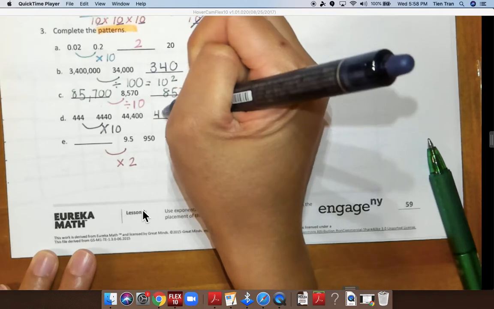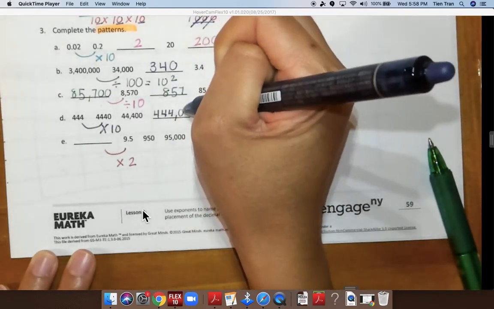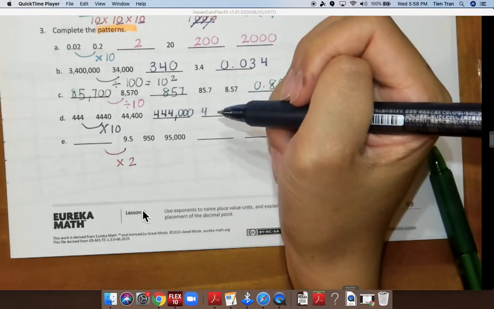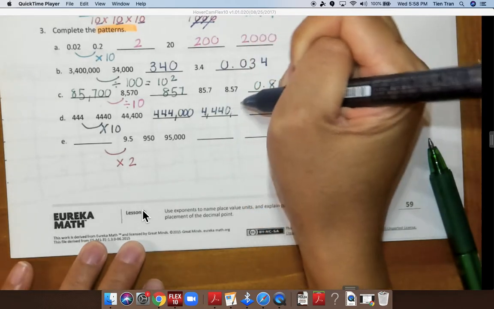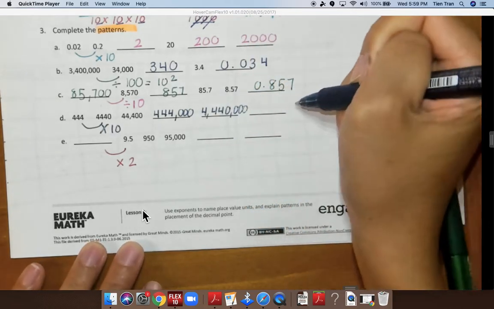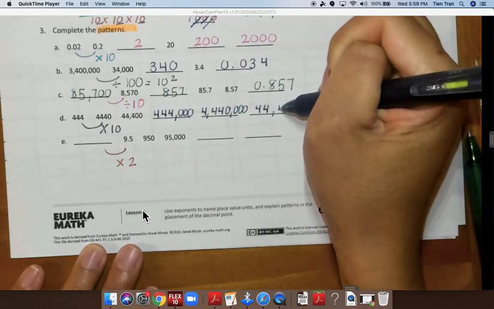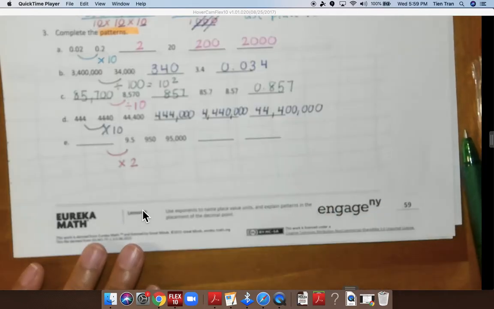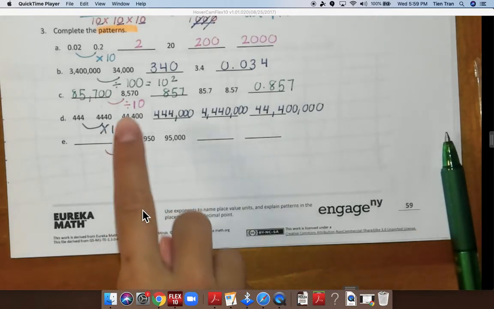So the next one is going to be 444,000. The next one is going to be 4,440,000 and 44,400,000. Okay, I'm just adding a 0 to each digit because I'm multiplying times 10.